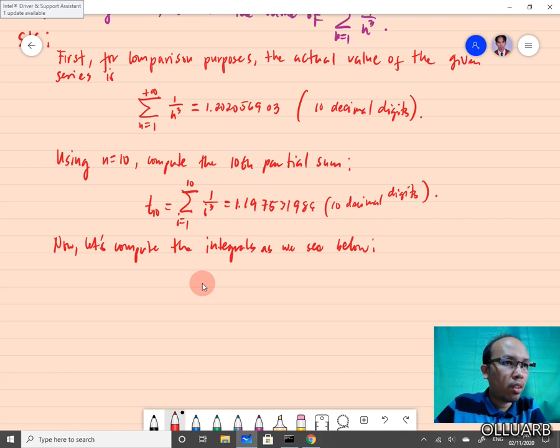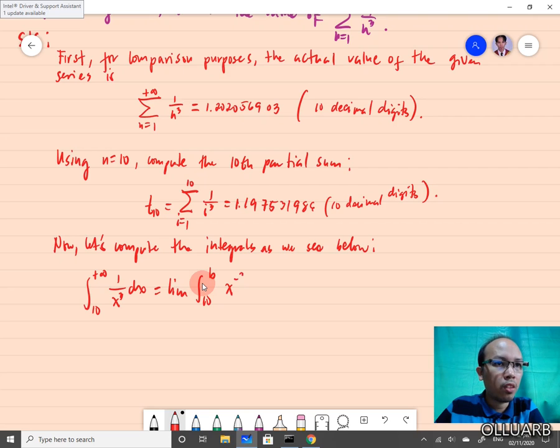So the integral, n is equal to 10, from 10 to positive infinity of 1 over x cubed dx. This is very familiar. It is the integral from 10 to b of x to the negative 3 dx, as b approaches positive infinity.